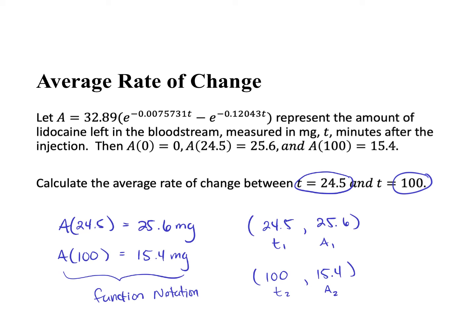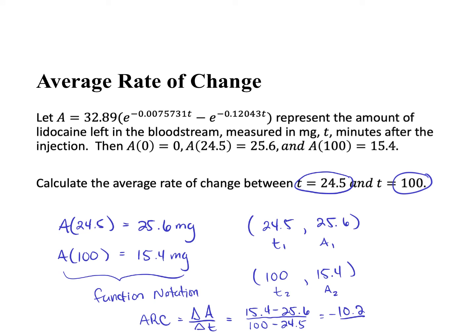So now when it comes to calculating the average rate of change over this interval, it would be the change in your A values divided by the change in time. So here that would be 15.4 minus 25.6 divided by 100 minus 24.5. I actually did not work this out ahead of time, so let me take out my calculator and do this with you. 15.4 minus 25.6 gives me negative 10.2.